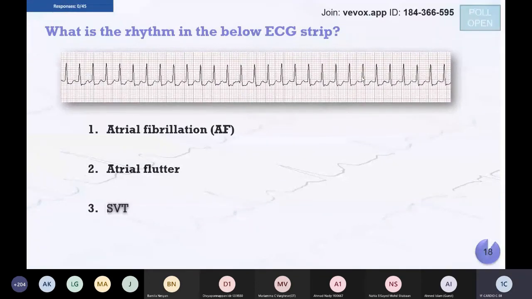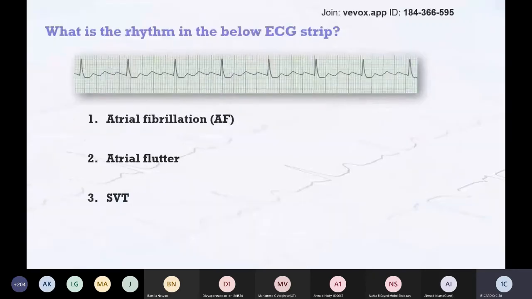So I'll start this one you have seen already. So this is supraventricular tachycardia. Take this one please again. Remember the sawtooth the carpenter is using all the time?